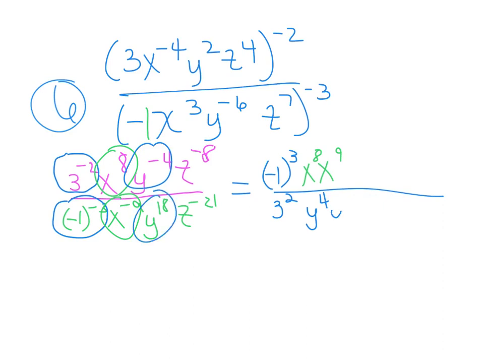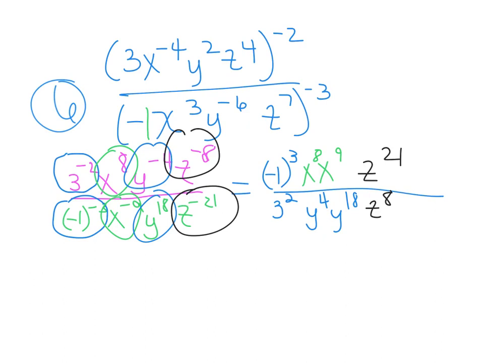It's on the bottom, so it's going to stay. Do you remember me last week saying positive exponents stay, negative exponents go? Obviously, you can see that's what's going on here, or at least I hope you do. All right, z to the negative 8th means that's going to move to the bottom. Z to the negative 21st is on the bottom, so it's going to go to the top.